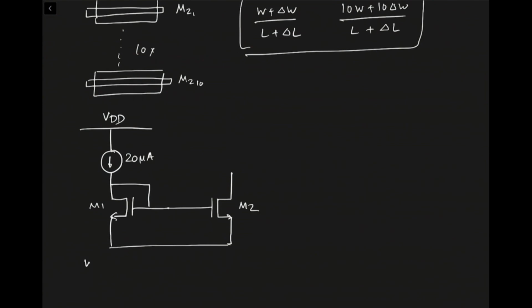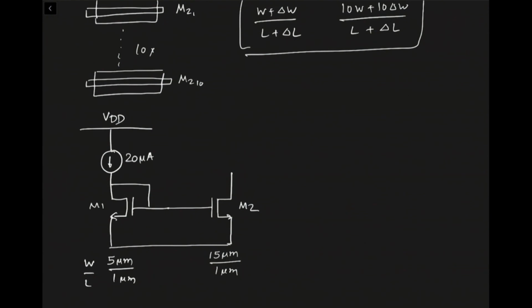Let's say for some reason, due to some other analysis, we have figured out that W by L should be 5 microns by 1 micron, due to other considerations. Now you could be tempted to just make single transistors of 15 micron by 1 micron. What we discussed just now is that this is not a good idea, because the transistors M1 and M2 will not match very well with each other. So instead what you would like to do is the following.